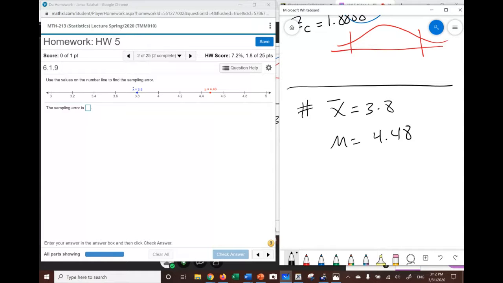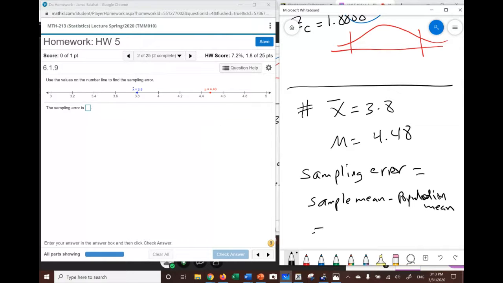We know that the sampling error is always equal to the sample mean minus the population mean. In this case, the sampling error is going to be 3.8 minus 4.48.